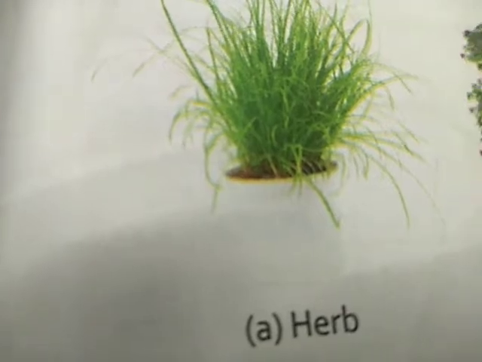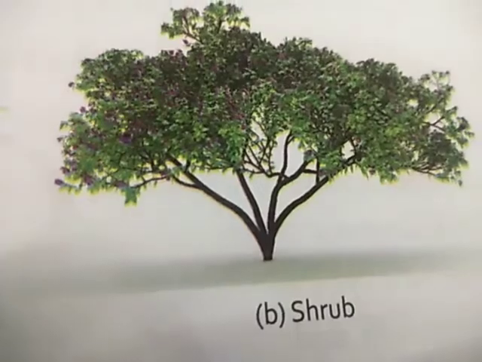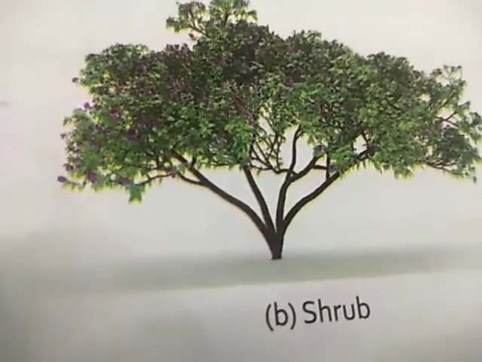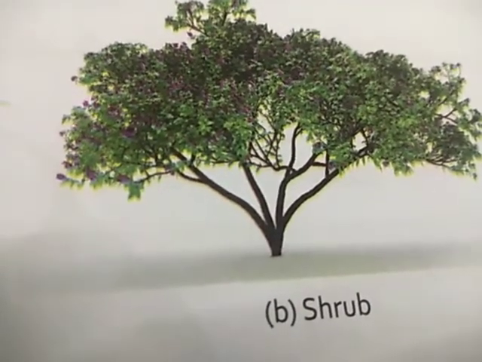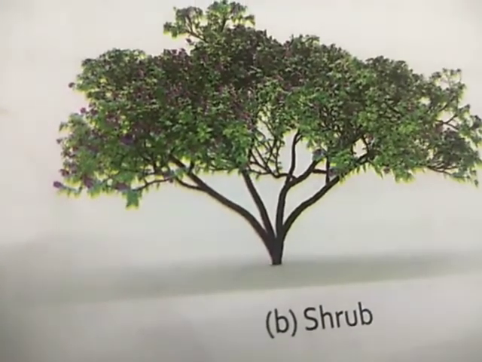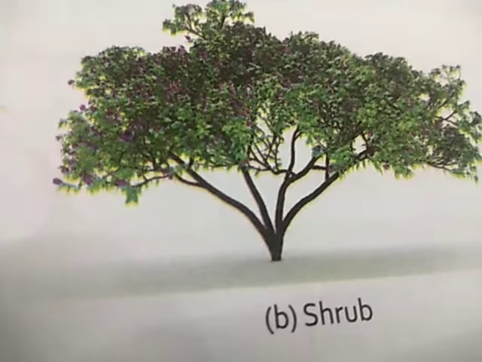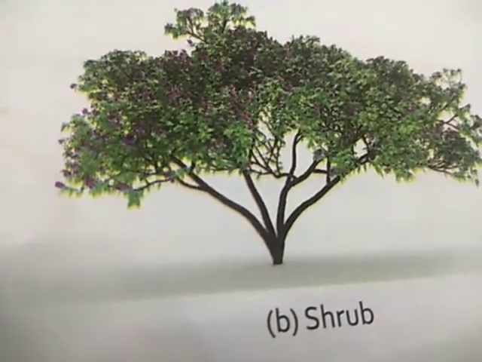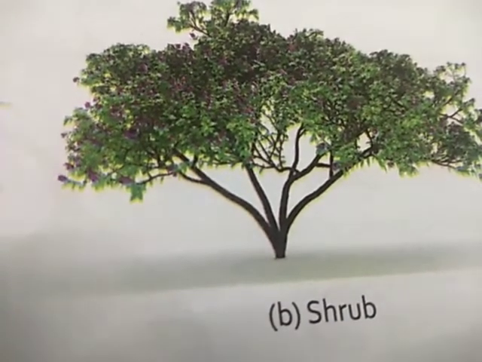Those are herbs. The next is the shrubs. They are usually medium size and have a woody stem. Yes or no? Herbs do not have a strong stem. Here, it will have a strong but medium size woody stem. They are not too thick.